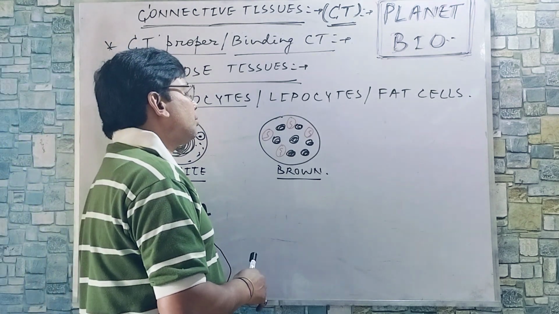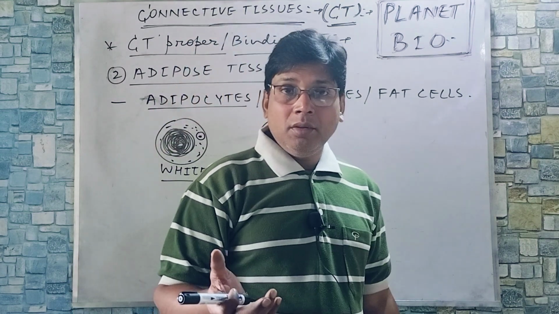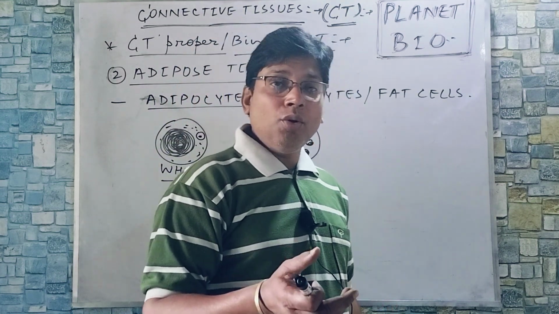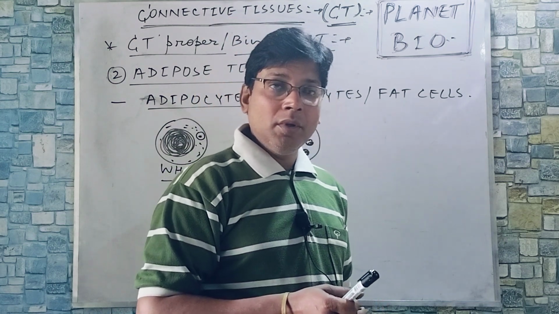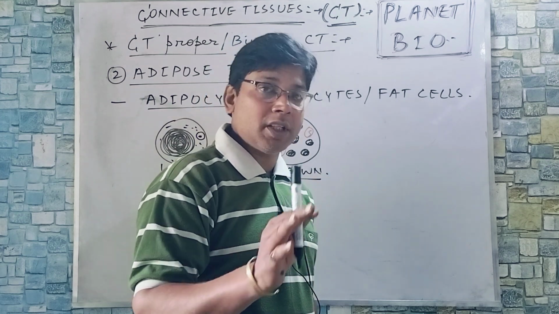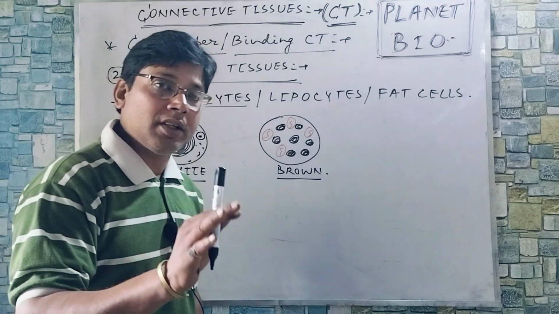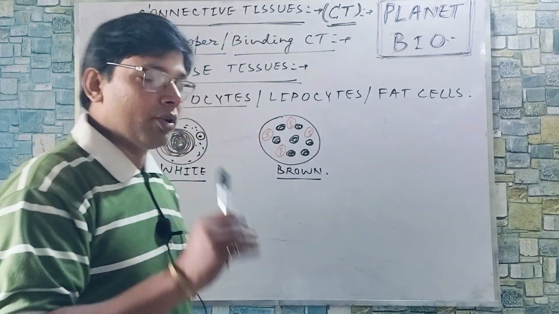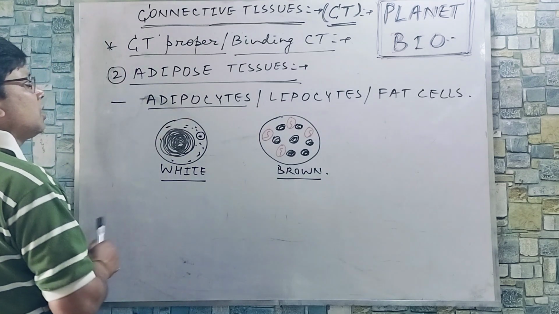And this does not mean that, as it is found in neonates, there is no need to provide active food to them. No, this is the stored form of energy. Active food is always required. Brown fat is not going to be the substitute of active food for neonates or newborns. Okay, so this is the difference.